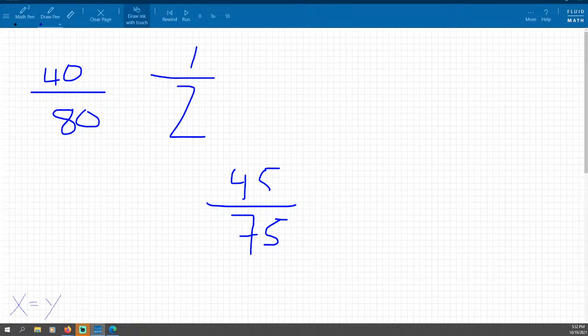So yeah, actually, you know what? Now that I think about it, 15 is the greatest common factor in here, and it would go into 45 3 times. And then 15 goes into 75 5 times. So it would equal 3/5.